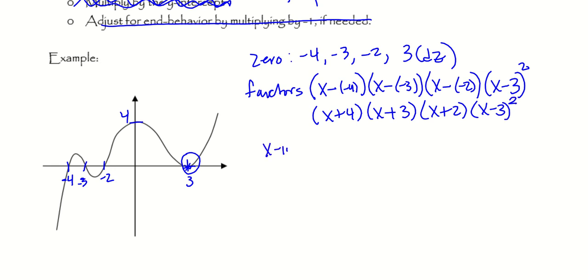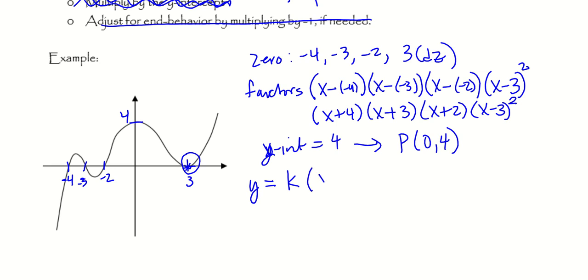My y-intercept is 4. That y-intercept is the point (0, 4). We know that our equation will be y equals some number, there could be a coefficient there, I don't know what it is, times my factors, x plus 4 times x plus 3 times x plus 2 times x minus 3 squared.